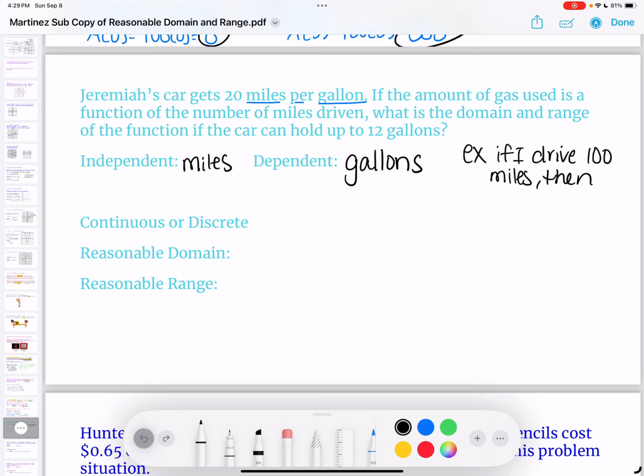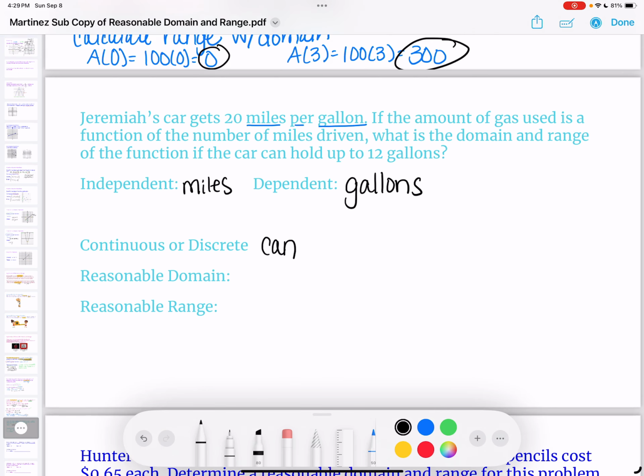Okay, so let's take a look. It says 20 miles per gallon, okay? What is the domain and range if it can hold up to 12 gallons? It says nothing in here about the amount of miles, so we're going to actually have to do that ourselves.